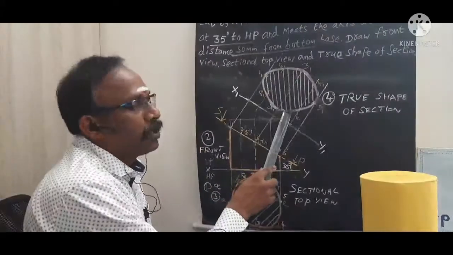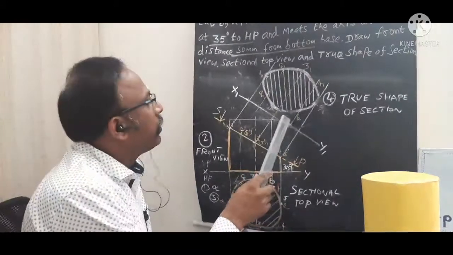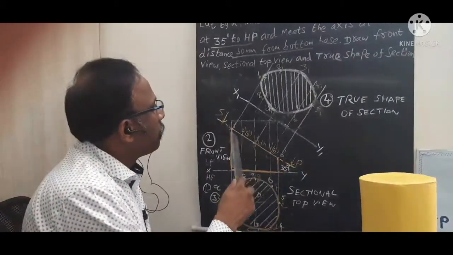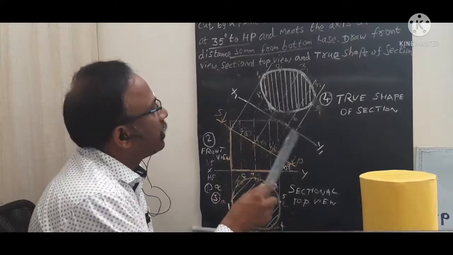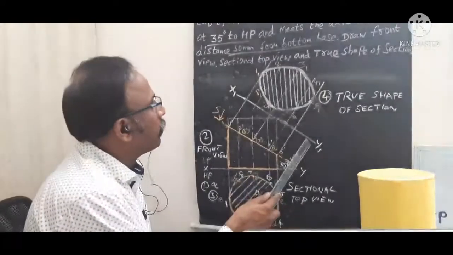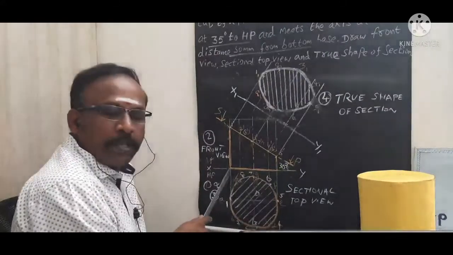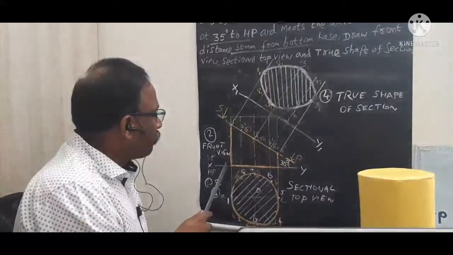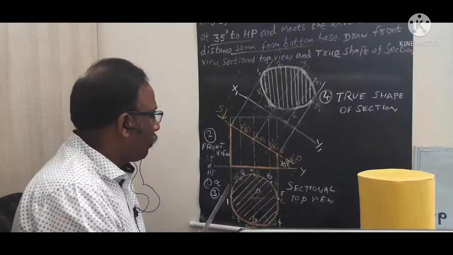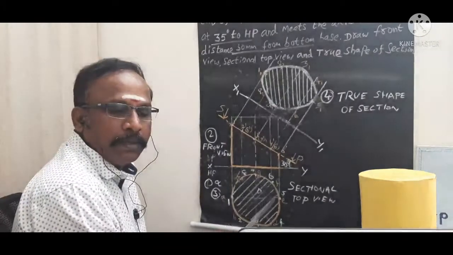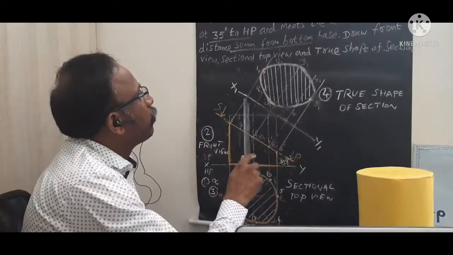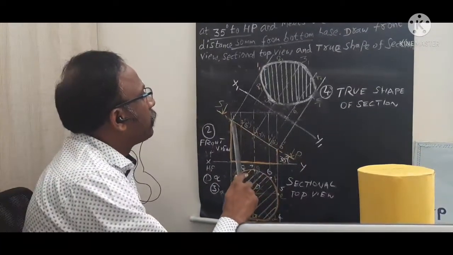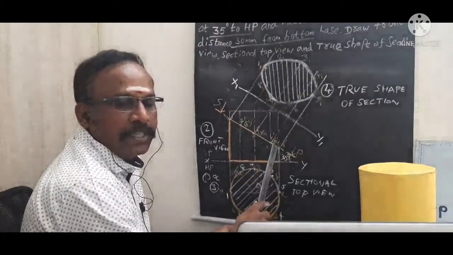Then we come into the true shape of the section. What we do? You need to draw the perpendicular line to this SP and leave some distance for drawing the new reference line X1 Y1. Now you take the measurements in the top view, distance from XY. For example 1, 2, 3, all measurements you take from XY and transfer above X1 Y1 along the perpendicular lines drawn from these cutting points.